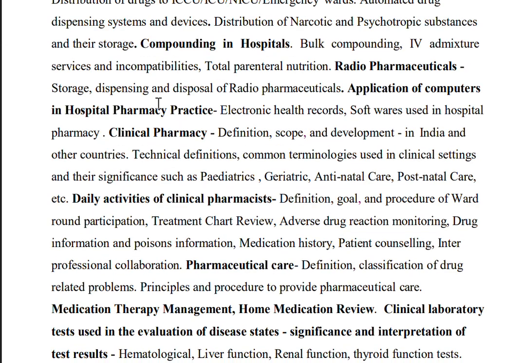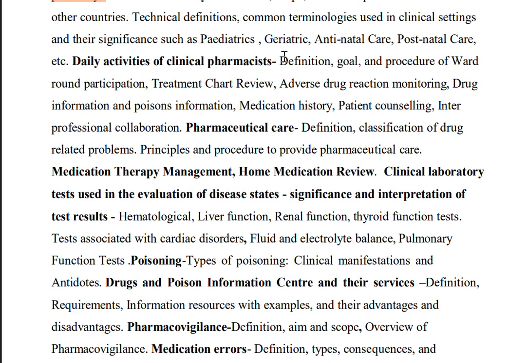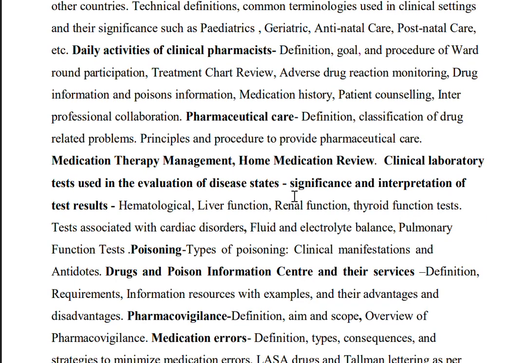Applications of computers in pharmacy. It may be an easier level only. Don't worry, in this area they ask generalized questions only. Daily activities of the clinical pharmacist and pharmaceutical care, medication therapy management, home medication review, and clinical trials using the evolution of the states. And then poisoning.